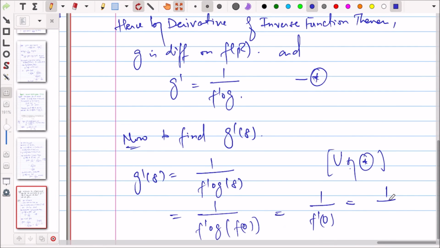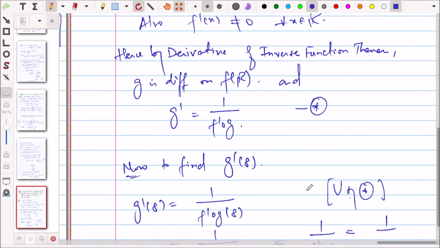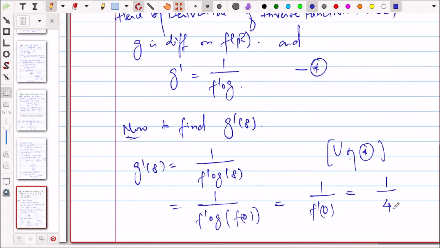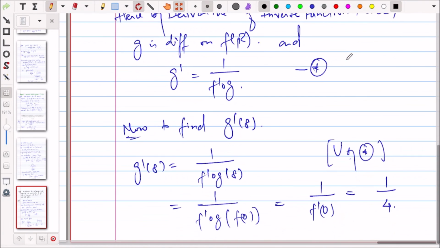Earlier 3 was given, let us make it 8, since we wrote 8 here. This is how you can find it, since f of 0 is equal to 8.